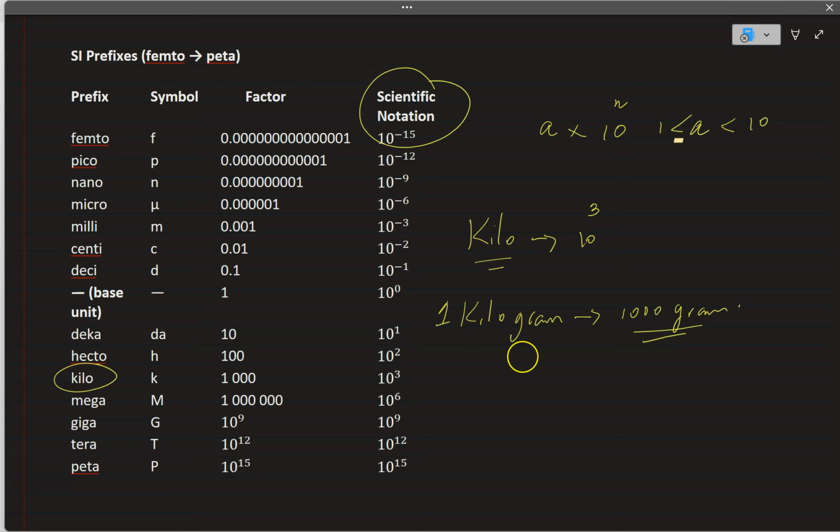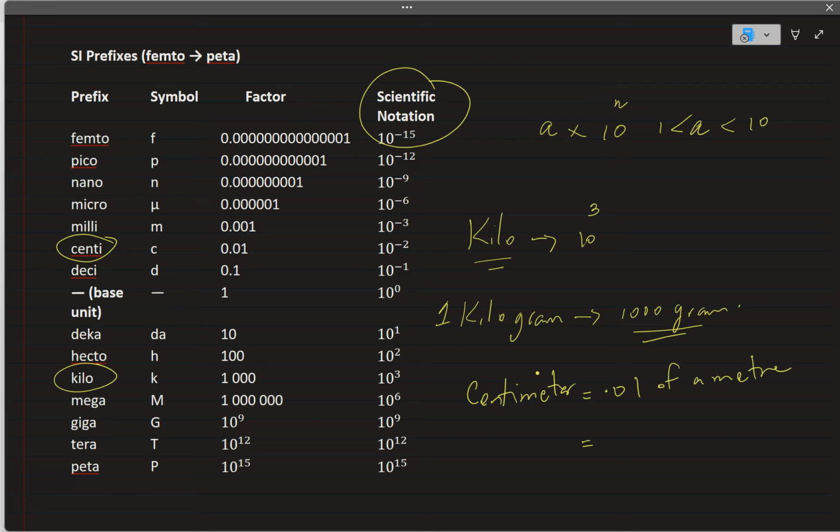I'm going to link in the description below the lesson on scientific notation so that you can go through it and familiarize yourself with that, because definitely in physics, math and sciences you will need it. That's what we're going to use, scientific notation, and the prefixes are all based on it. As you go through it, centi, like you put a centimeter right here, what is centimeter? So another example here, centimeter.